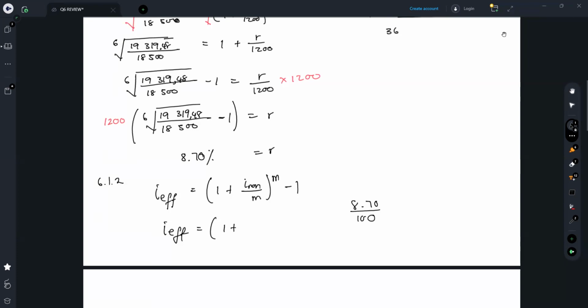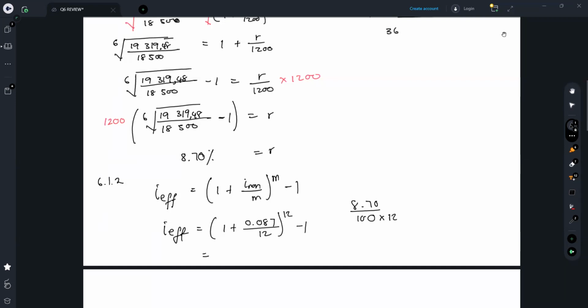And you know that since m is going to be 12, it would be the multiplication of 12 like that, okay? This will still yield the same value, okay? Hopefully people understand that. So I'm going to place it in as a decimal after dividing by 100. So this would be 0.087 over 12 to the power 12 minus 1 like that, okay?